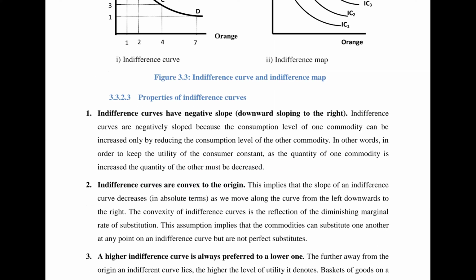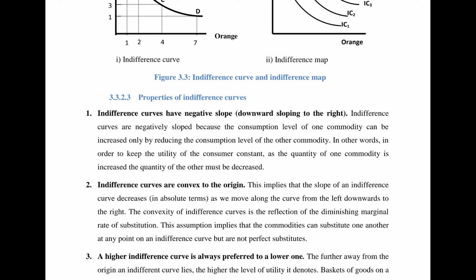Response. The indifference curves are downward sloping because of the trade-off that happens in the bundles that you're consuming, right? When you increase the consumption of this particular commodity, then you'll have to reduce the consumption of the other commodity.